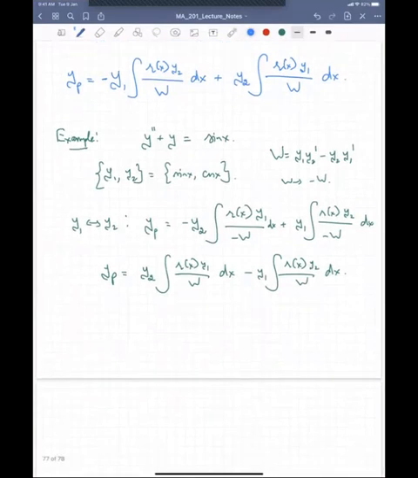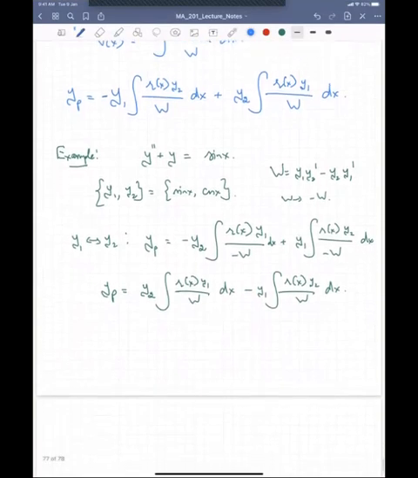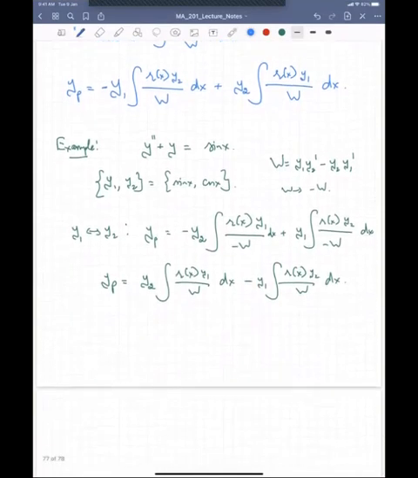So now, the rest is very simple, right? For this case, I'll take y1 as sin x. So for example, r of x in this case is of course sin x.